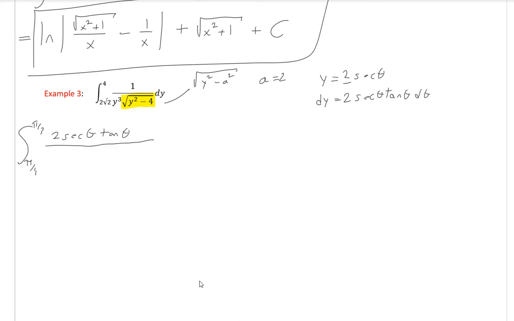Y cubed, where y is 2 secant, will give me 2 cubed, which is 8 secant cubed theta, times the square root of 2 secant theta times itself, which gives me 4 secant squared theta, minus 4. Again, that 4 comes from 2 squared and that 8 comes from 2 cubed, d theta.